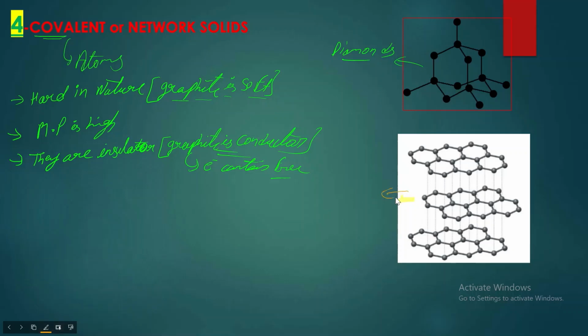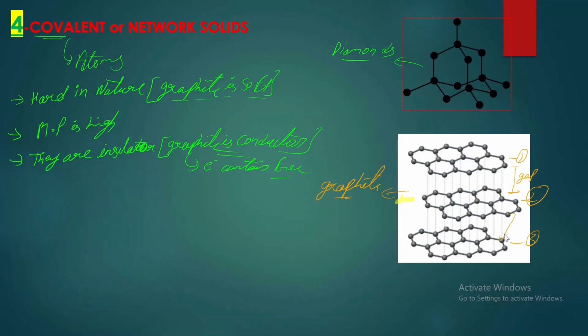Here is the structure of graphite: layer 1, layer 2 and layer 3. There is a large gap between each of the layers.